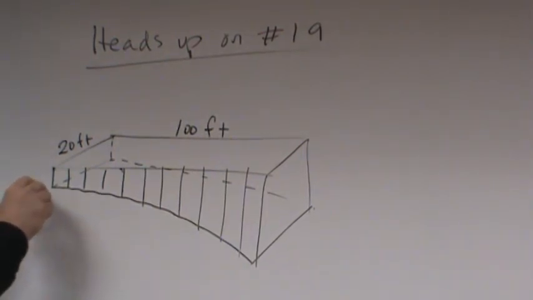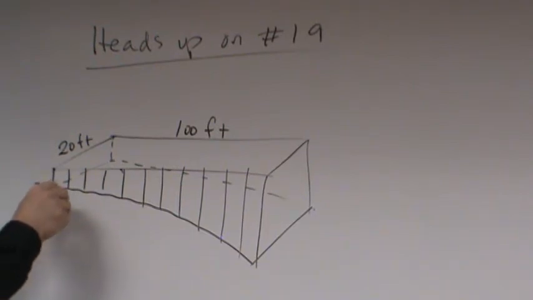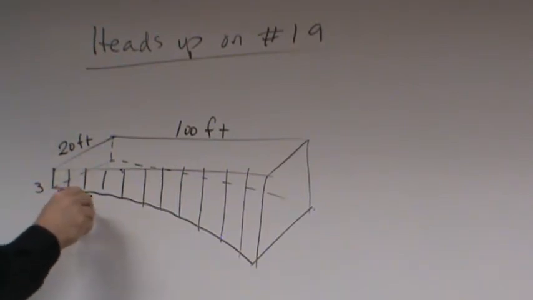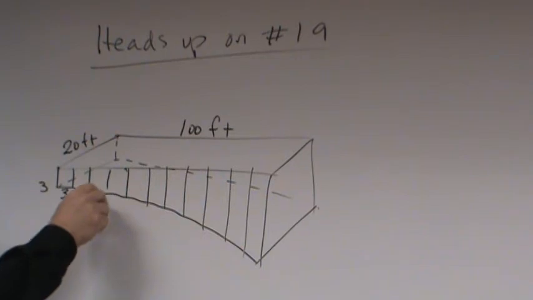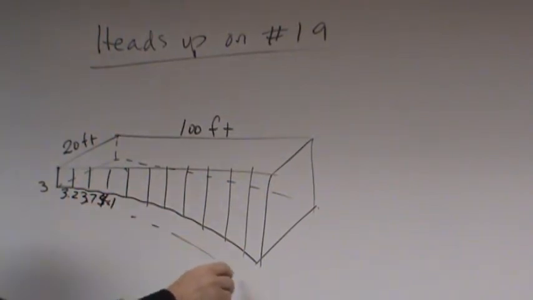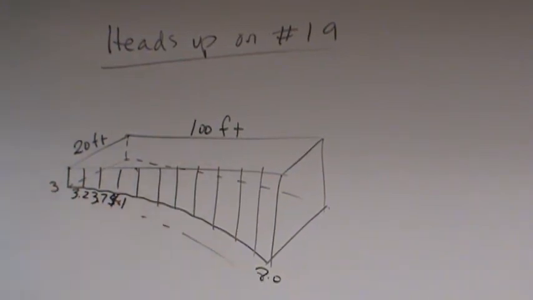Let's say this depth is 3, and this depth is 3.2, and this depth is 3.7, and this depth is 4.1, etc., all the way to 8.0. All I'm doing is giving you a heads up. Tell me, how would I get the volume of this pool knowing what the depth is every 10 feet.